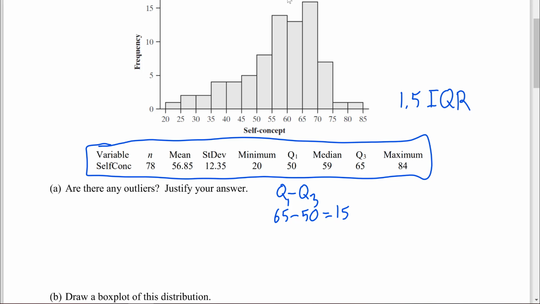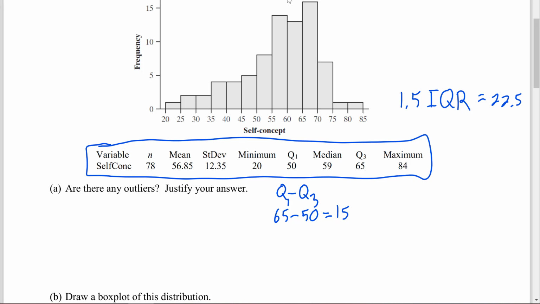So then I'm going to multiply that by 1.5, which would come out to, I think it's 22.5, but let me just double check. Yeah, 22.5.